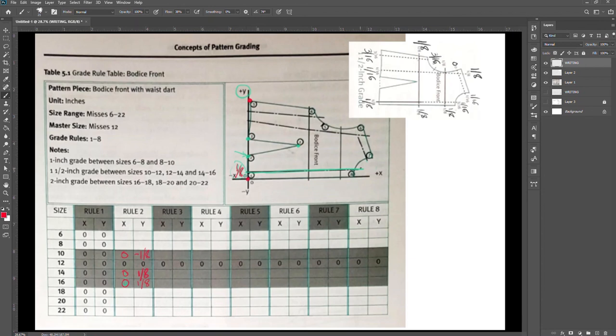So 1/8 for that one, it's going to move 1/8 and then 1/16 and 3/16. And those numbers all get added together in order to find the movement coordinates, or like the movement vector of rule 3.